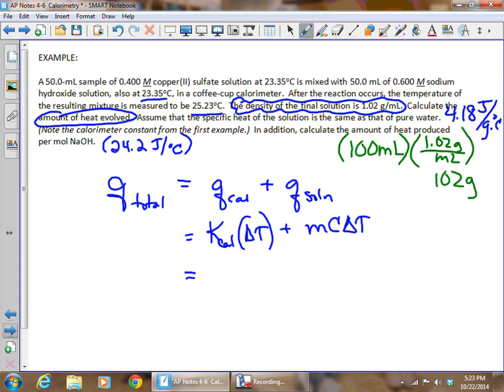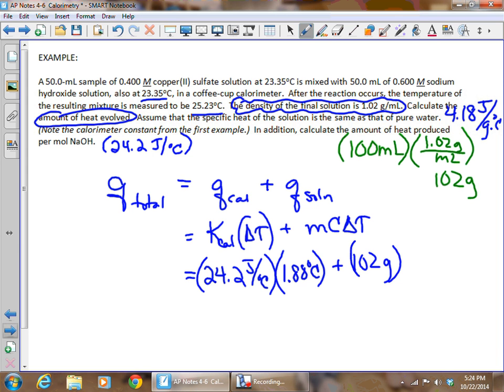Now the K cal from the other problem, remember, was 24.2 joules per degree Celsius. Our delta T is going from 25.23, the final value, subtracting 23.35, and we end up with a 1.88 degrees Celsius temperature change. We just established that it was 102 grams for our mass.